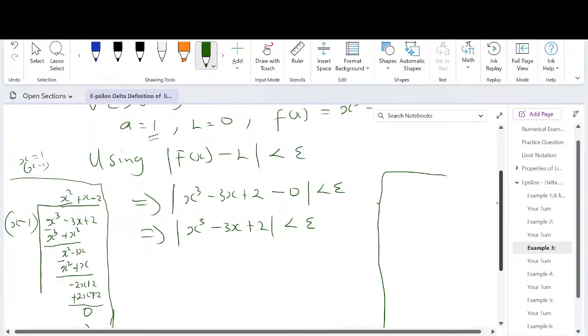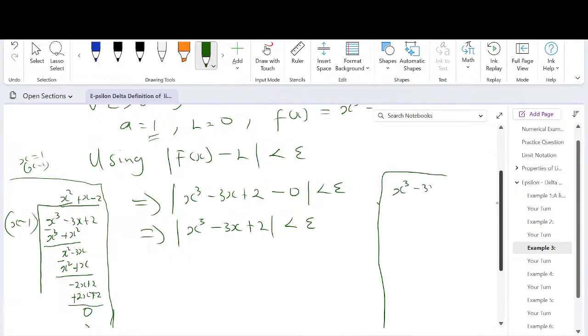Another way of doing it is to write this x to the power of 3 minus 3x plus 2. I'm going to take this minus 3x as x cubed, then minus x, then minus 2x, so this is minus 3x, then plus 2.